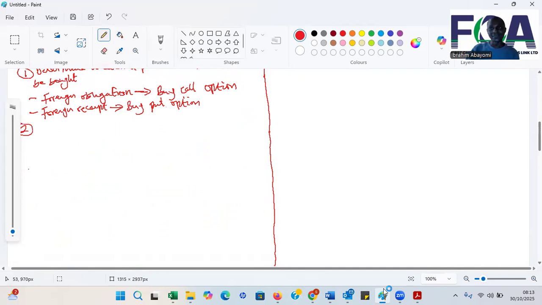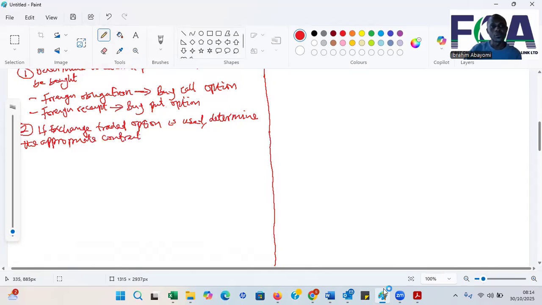Because it is a standardized contract, if exchange traded option is used, determine the appropriate contract to buy.